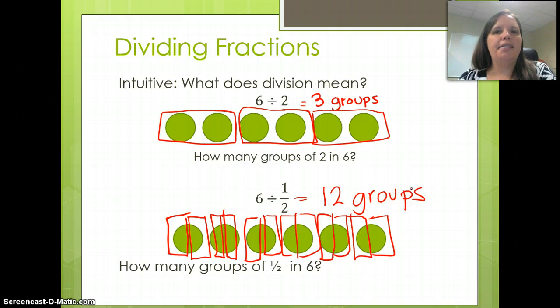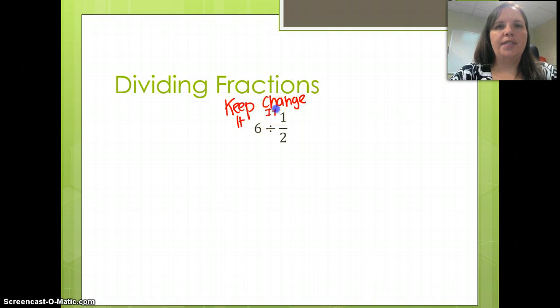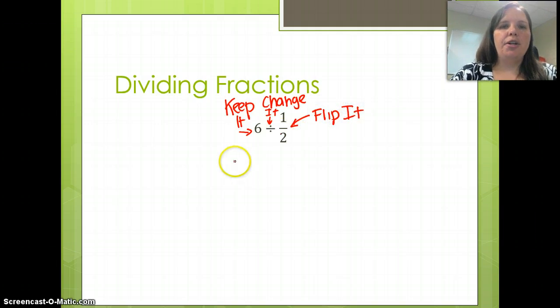Okay, so how can I get that from actually looking at the operation and not having to draw it out? Well, it's our good friend, our Indian Hills anyway, good friend phrase, keep it, change it, and flip it. So we keep the first number, and I'm going to put it in fraction form.